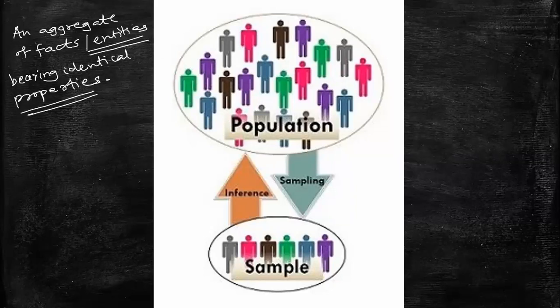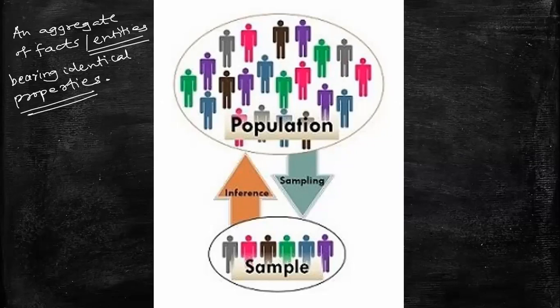Generally it is assumed that there are thousands, even more than that number of observations. On some occasions there are infinite number of objects in the population under study. If you want to make some statement about the population, the best way is to study each and every entity in that population with respect to the parameter of our interest.